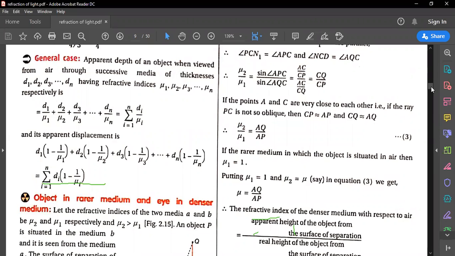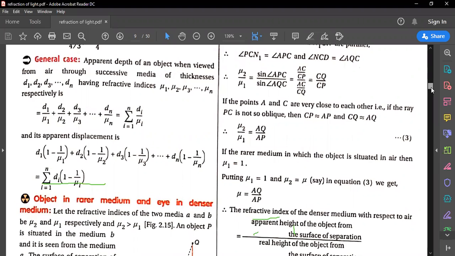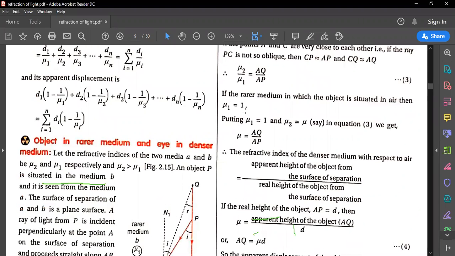Now, as I told you earlier, the bird was in air, so mu1 is equal to 1 and mu2, let us say, is mu. So mu is equal to AQ by AP, which means the refractive index of the denser medium with respect to air is the apparent height of the object from the surface of separation by the real height.